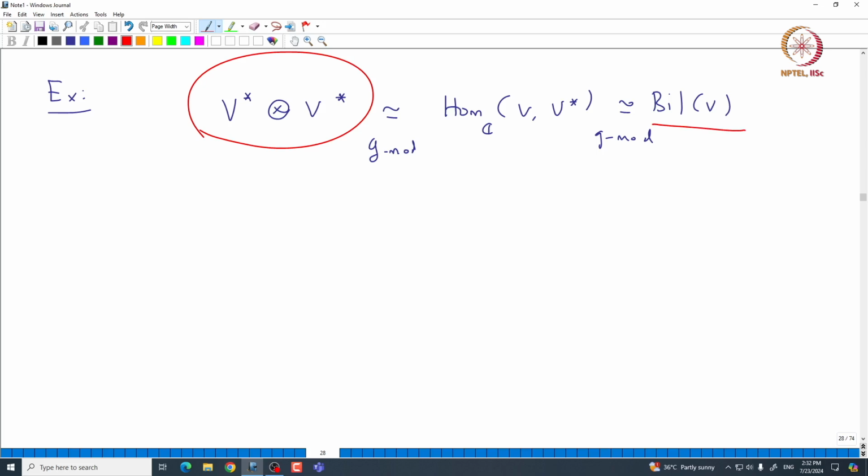For example, one can flip two tensors. If we take V tensor W, then it can be flipped to W tensor V. So, there is this S2 action. Then we can ask what it corresponds to in the bilinear forms.